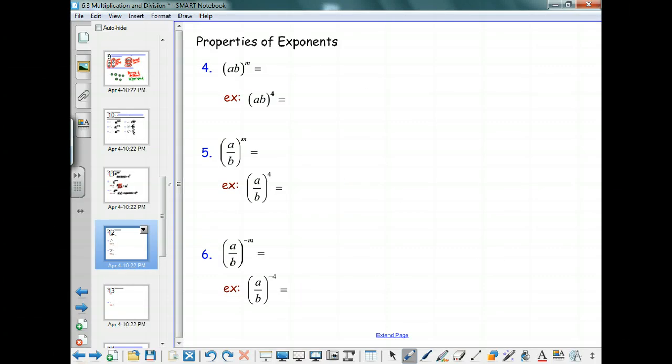All right. This says AB to the 4th. So AB to the 4th means I write the AB 4 times. So AB, AB, AB, AB. And then back in multiplication, when we first define multiplication, and we do this in Math 1, one of the properties, and you remember, it says that it doesn't matter the order of your multiplication. It's called the commutative property.